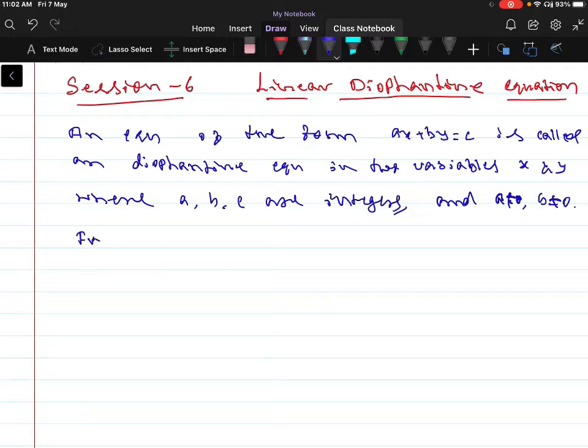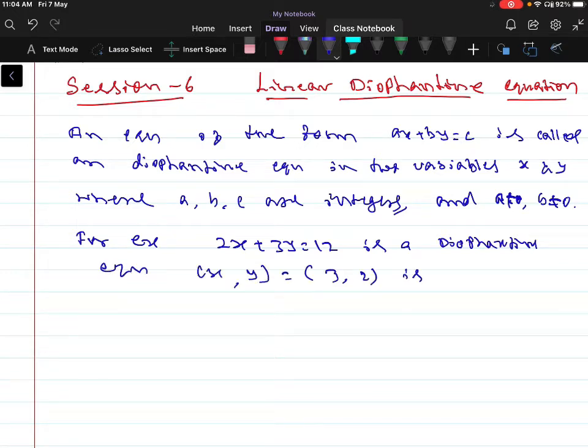Example, the equation 2x plus 3y is equal to 12 is a Diophantine equation. x comma y is equal to 3 comma 2 is a solution of the Diophantine equation 2x plus 3y is equal to 12.